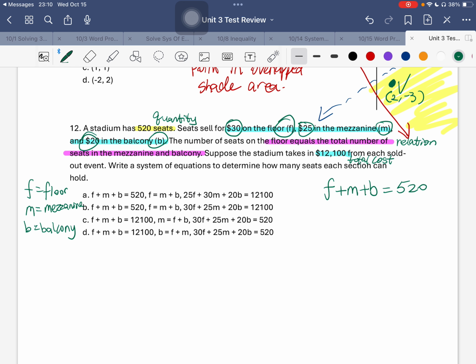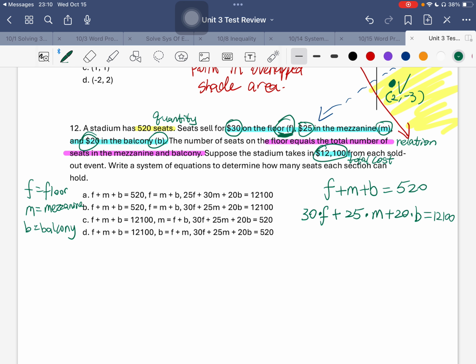It's $30 per floor ticket. So 30 times F plus 25 times M plus 20 times B, and it's equal to the total cost, 12100. That's my equation 2.